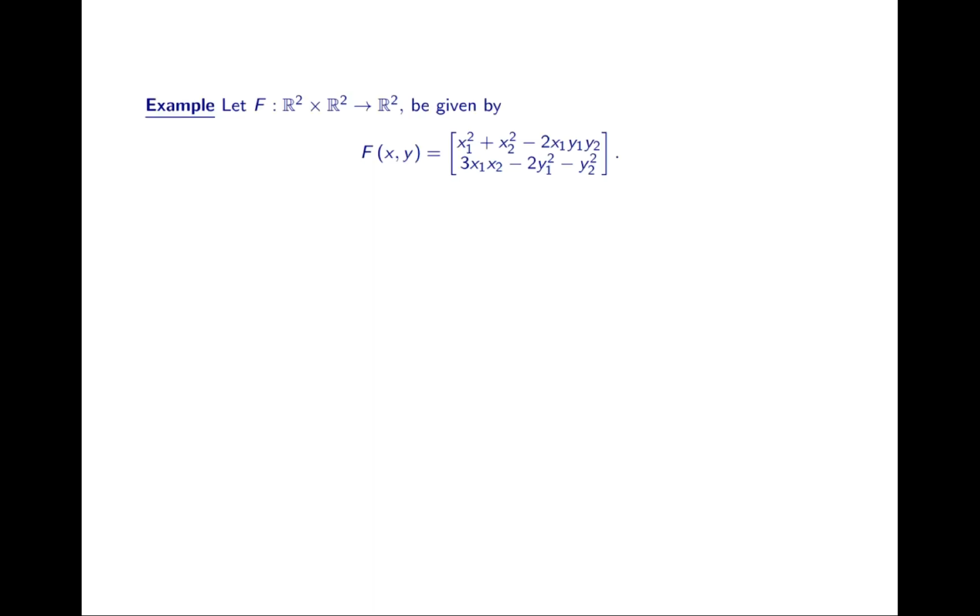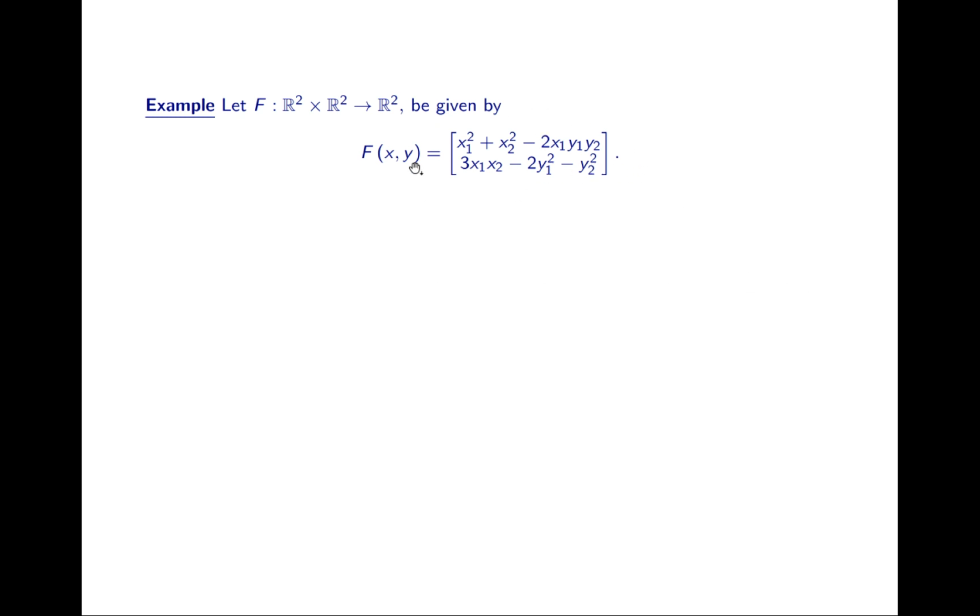Now, before we prove it, let's take a look at an example, just so we can get our bearings of how to maneuver and work with the results of this theorem. So suppose f maps an ordered pair of vectors from R2, so two vectors in R2, to a vector in R2. And it's given by this expression.